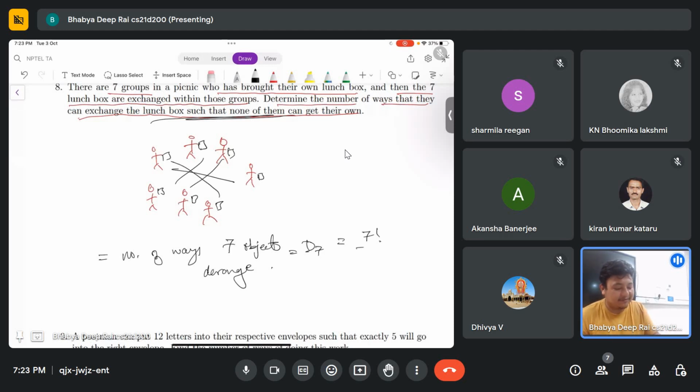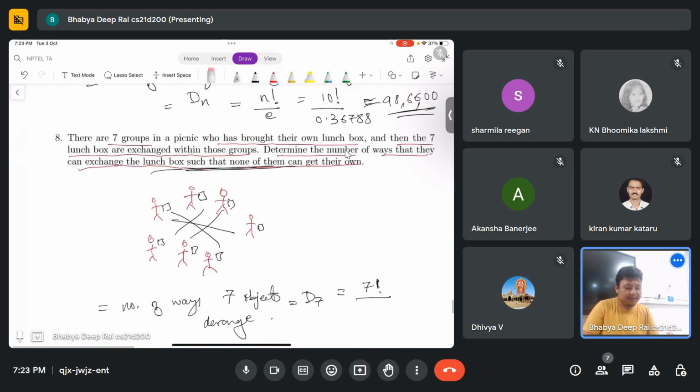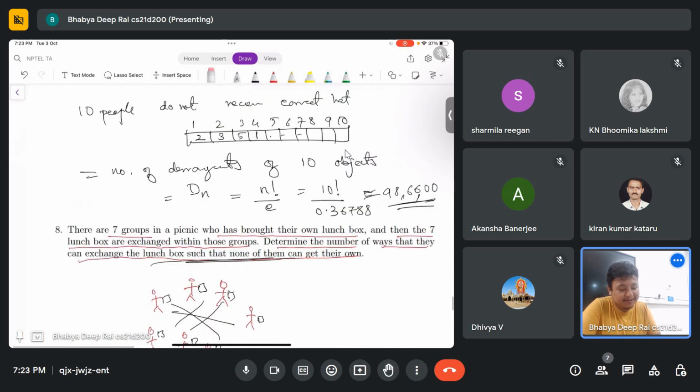What is D7? D7 is just 7 factorial divided by E. Yeah, E. Sorry, I made a mistake here. This should be 2.718. Sorry, 10 factorial divided by 2.718. This is E, no?